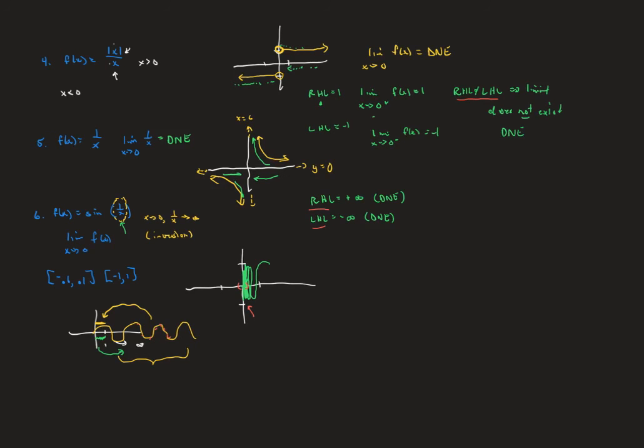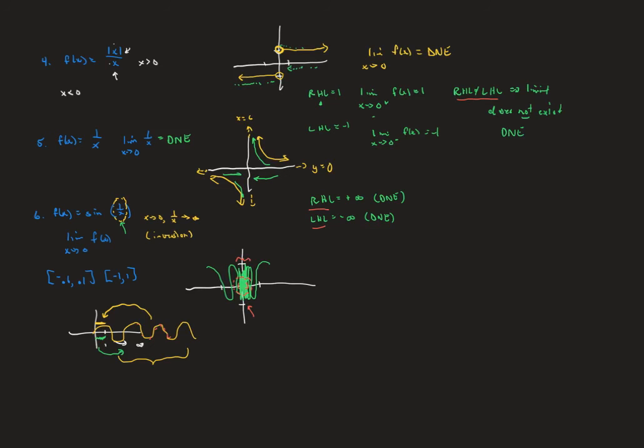And similarly, that's happening on the other side. So no matter how small a piece you pick around 0, it will contain an infinite number of these sine waves, very, very condensed.